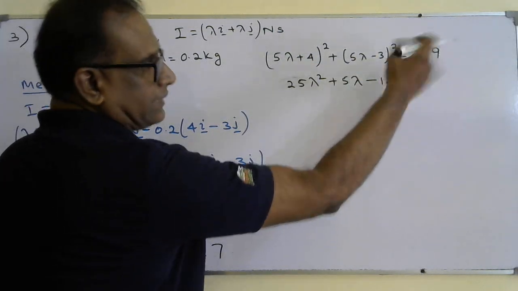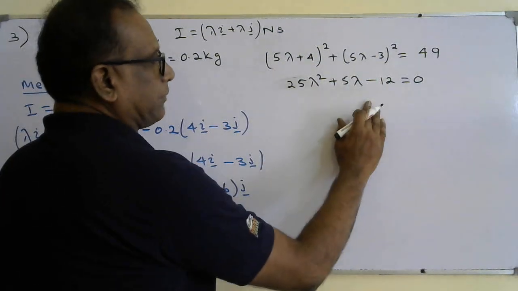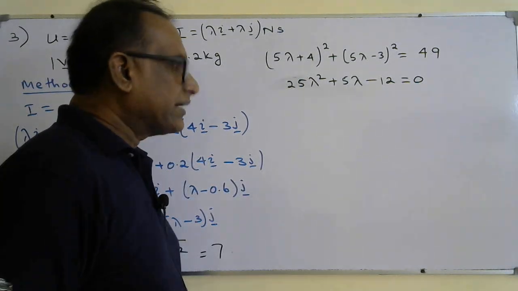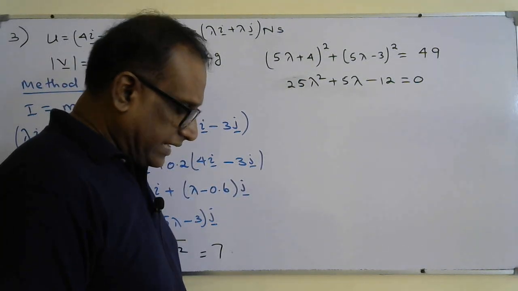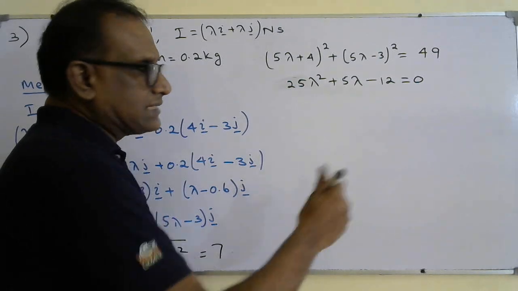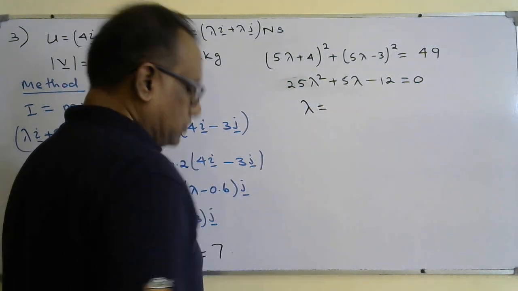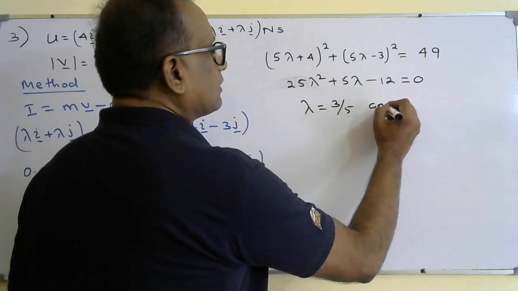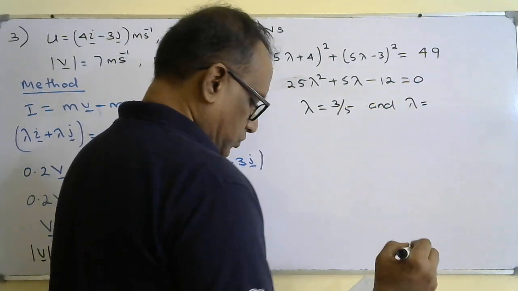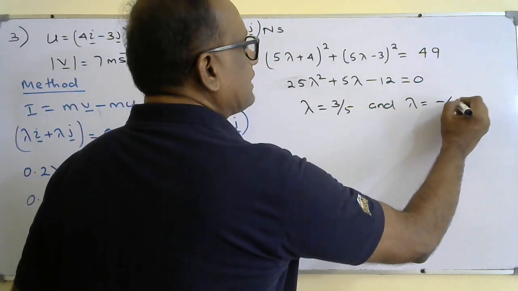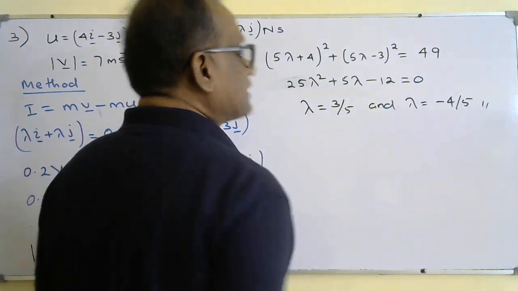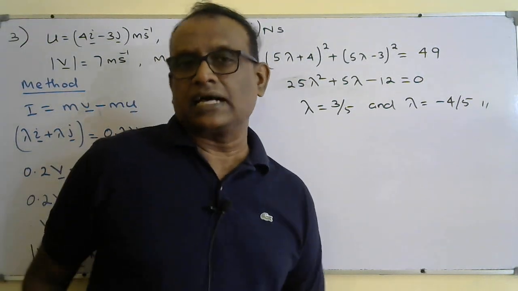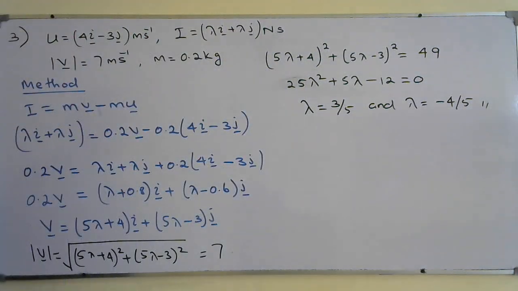You can factorize this, or use the quadratic formula or a calculator. Lambda will be equal to 3 by 5 and lambda is equal to minus 4 by 5. It's easy to use the calculator. That's the final answer for lambda. This is method 1.